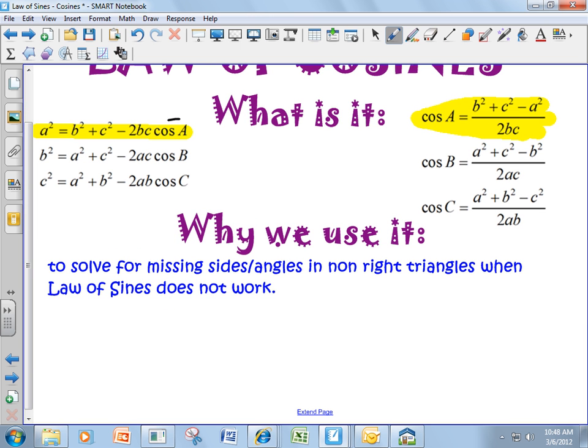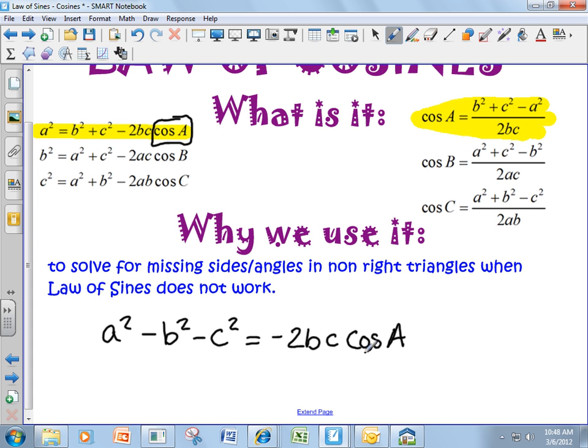If I want to get cosine of A by itself, I'm going to start by subtracting the b squared and the c squared. So I have a squared minus b squared minus c squared equals negative 2bc cosine of A. And now I'm going to just divide both sides by the negative 2bc.